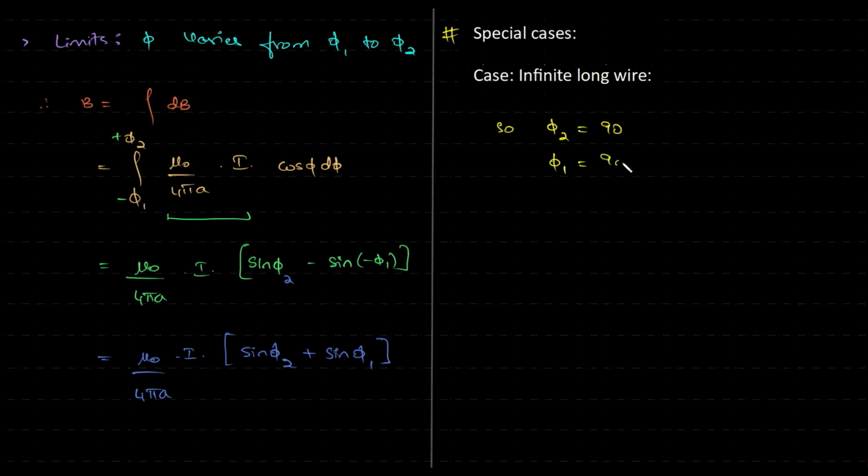In terms of value, it is 90 degrees again. So we have B is equal to mu naught by 2 pi a I, because this term will be equal to 2. So all in all, we have this particular answer for this special case: infinite long wire.